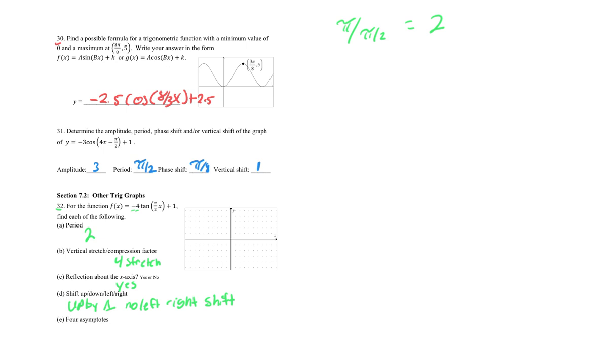So asymptotes are when the tangent is undefined, and the tangent is undefined when we get tan of pi halves plus n pi, where n is an integer.